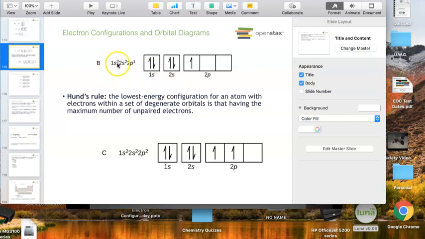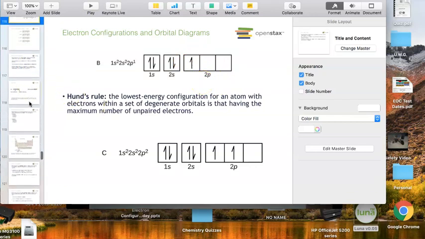So here in the 1s, I have 2 electrons or 2 arrows, each arrow pointing in the opposite direction. 2s2, again, 2 arrows. 2p1, so notice I have 3 boxes. They're all at the same energy level, so they're written side by side. And we have 1 electron here in a 2p orbital.